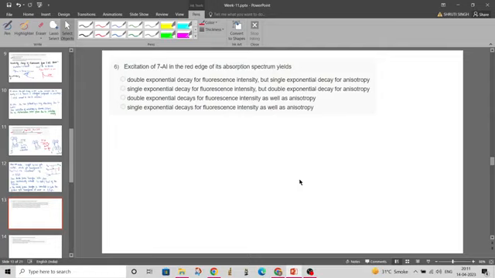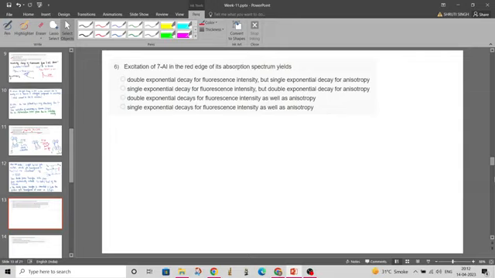The sixth question is, the excitation of 7-azaindole dimer in the red edge of its absorption spectrum yields... So, excitation at the red edge. All the answers are related with anisotropy. So let's read out the options.